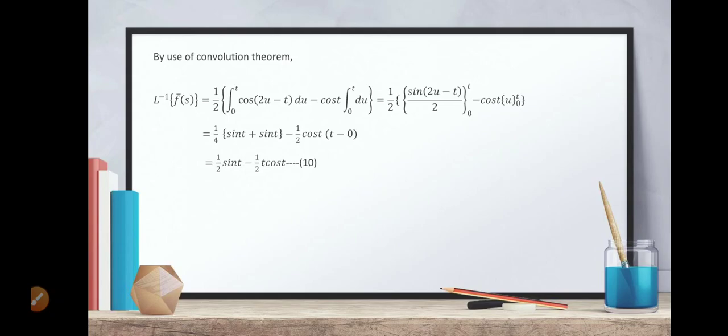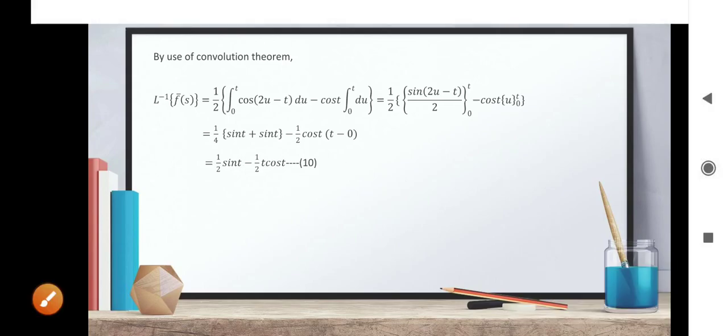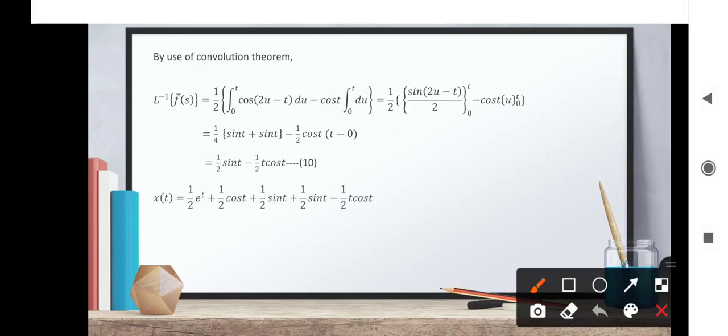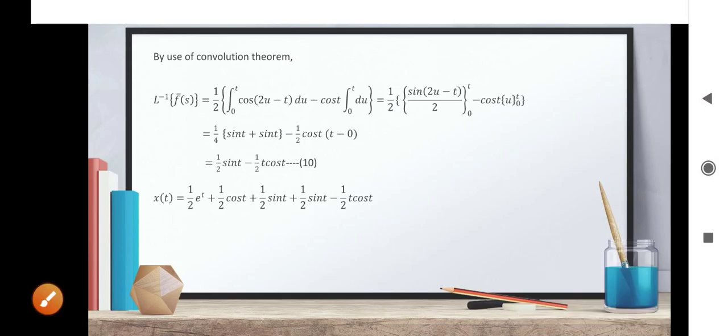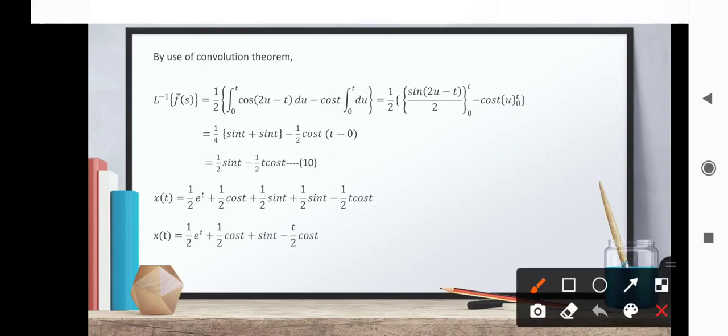Now you have to use this 10th result in the 9th result so as to get the complete result for x of t. With 1 by 2 sin t plus 1 by 2 sin t, we can write only sin t. So this is your first solution, that is for the x of t function.